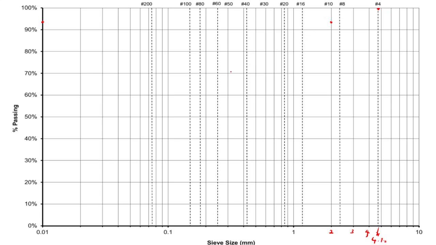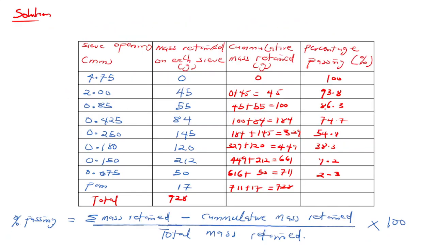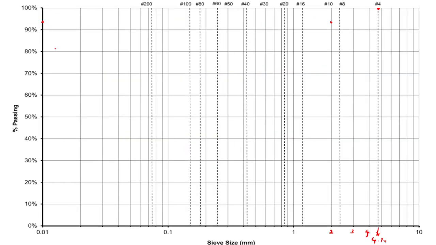And then we have 0.85 matching with 86.3 from the table. We have 0.85 and 86.3. So 86.3 should be around here, just above 85. So you take your ruler, you trace it down to 0.85.